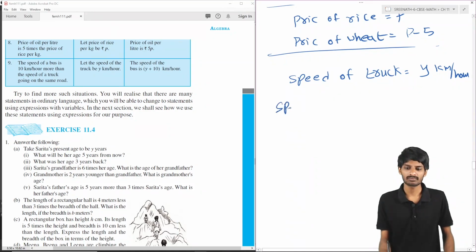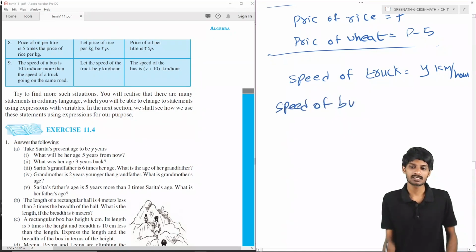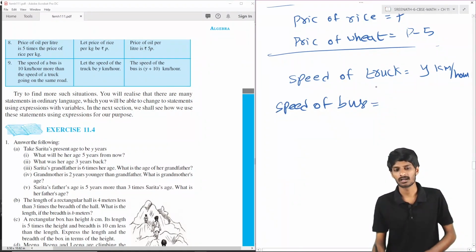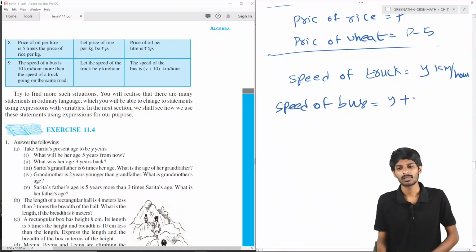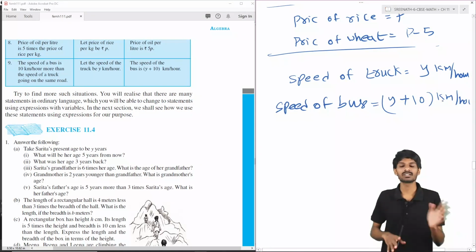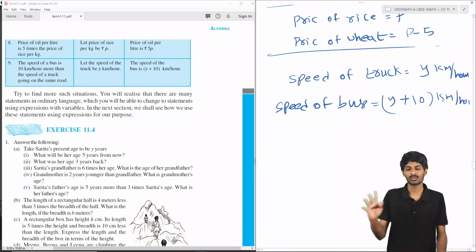And the speed of bus is 10 more than the truck, so it is y plus 10 kilometers per hour, adding 10, like that, students. So we have converted the practical situations into algebraic expressions. That is the thing, students.